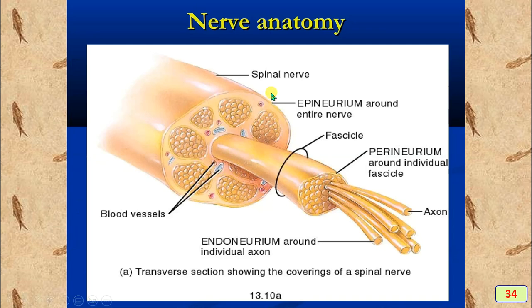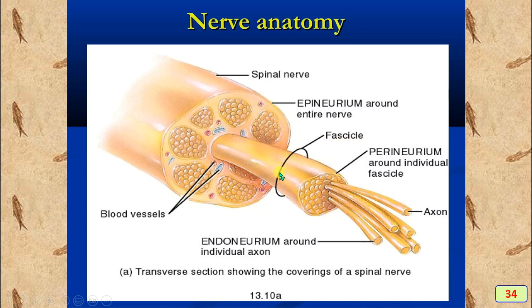Here we can see a spinal nerve with epineurium around the entire nerve, and every nerve is supplied by blood vessels. The red spotted ones are called the blood vessels, or sometimes they appear as empty structures.